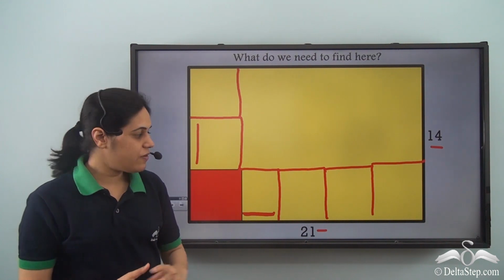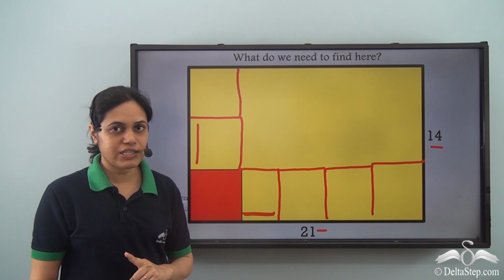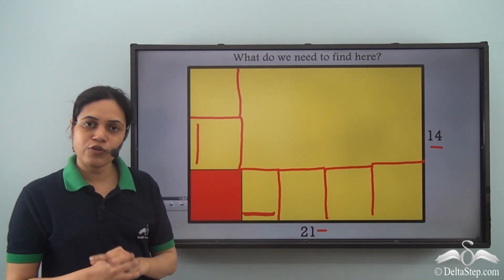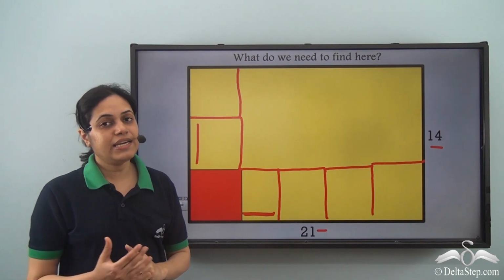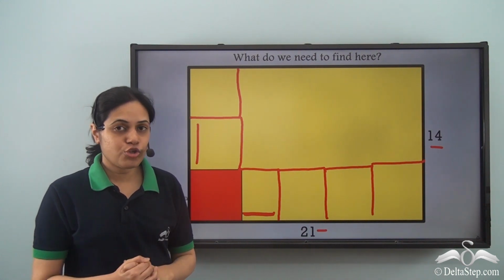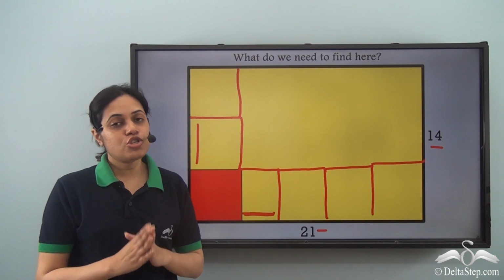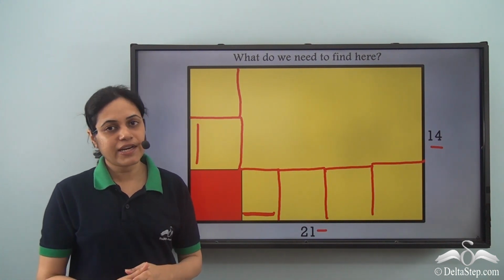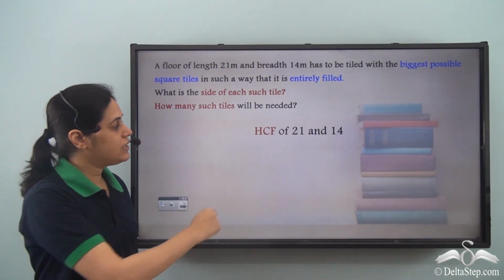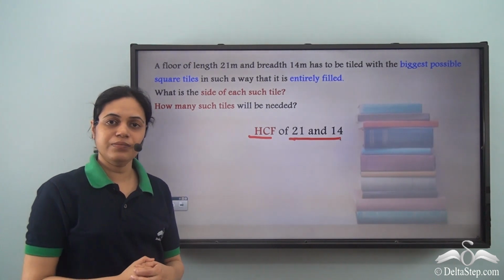So we need a number which is a factor of 21. We also need that number to be a factor of 14. So I need the common factor of 14 and 21. Also, I need the greatest size. So I need the highest common factor. So I can solve this by finding the highest common factor of 21 and 14.